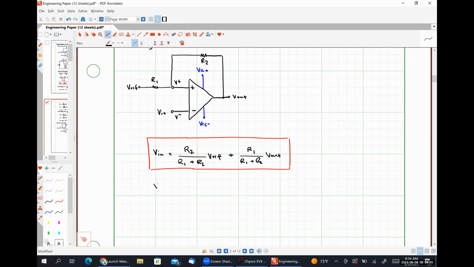So from that, we could say that VUTL is just going to be R2 over R1 plus R2 times Vref plus R1 over R1 plus R2 times VCC minus. And our lower trigger limit is going to be the exact same equation, but we're going to replace VCC minus with VCC plus.